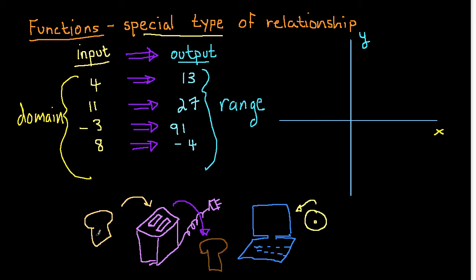If every time I come with this input, I know that I'm going to get this output, then I say my toaster is functioning. But if sometimes I get this nice light brown toast, but other times I get this burnt piece of toast, so if I get more than one output and I never know which one I'm going to get, then I say this is not functioning.